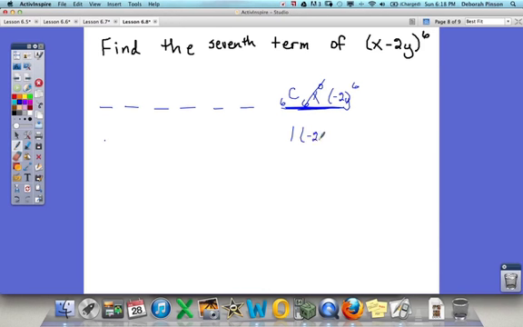So -2y to the 6th. Now, -2 to the 6th is positive 64, y to the 6th, so 64y to the 6th.